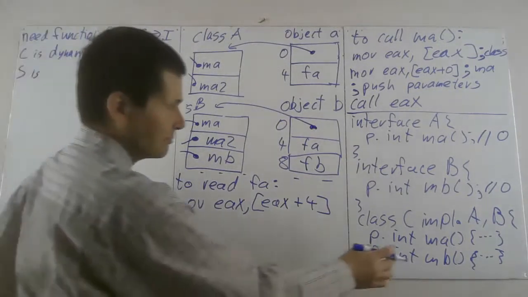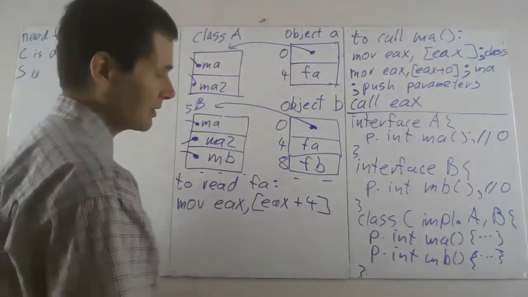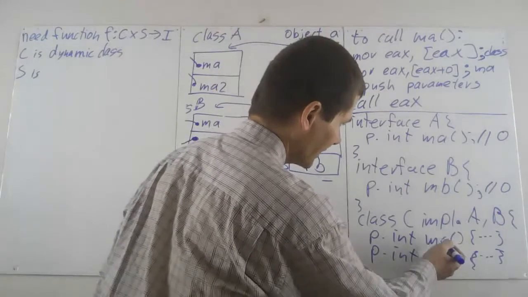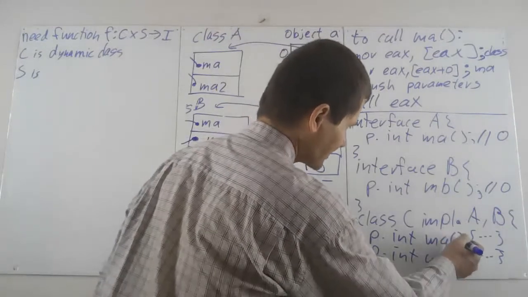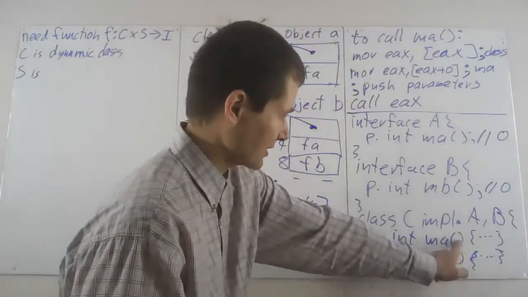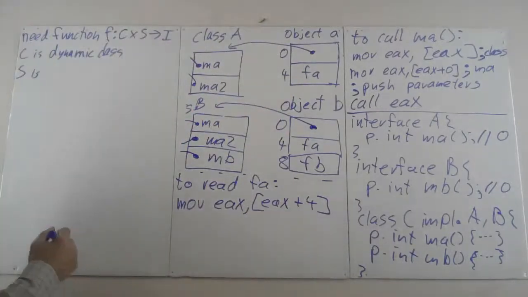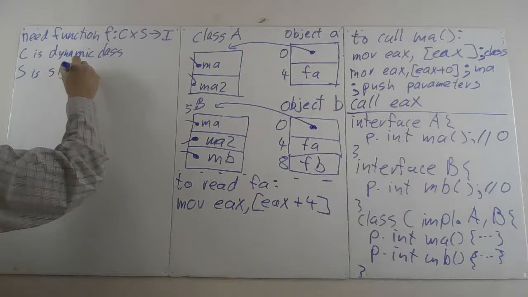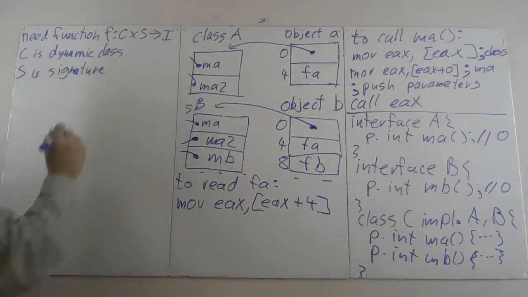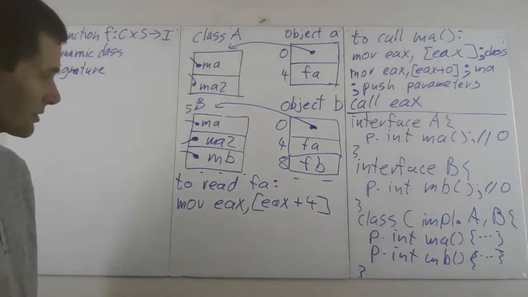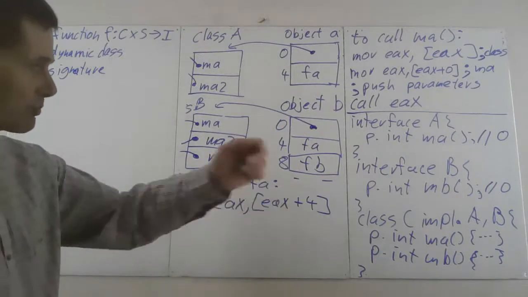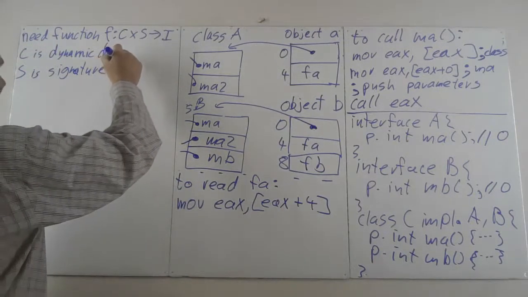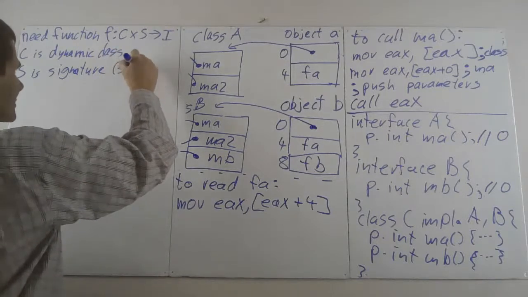It's the name MA, plus, in Java, because of method overloading, the types of any parameters. In this case, there are no parameters, but in general there's going to be parameters. So the types of the parameters determine which method MA to call as well. In some contexts, this is called a selector.